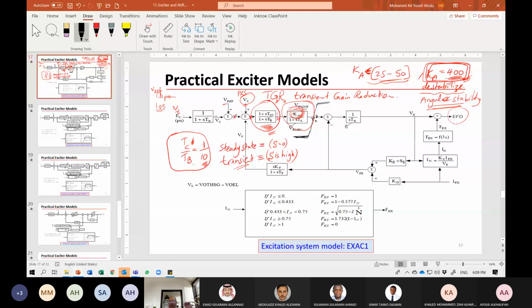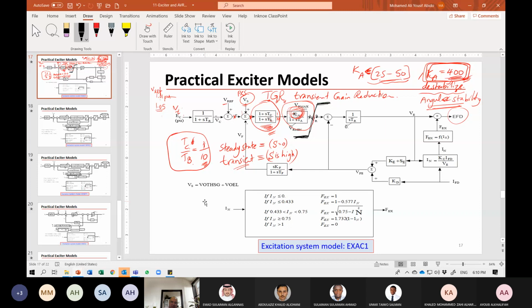If we have a transient, if we have any disturbance in the system, this gain will be less. So you are not hitting the voltage here, it will be less, and the gain here is less now by 10. So you are not affecting the VR max or VR minimum, and you reduce the voltage output here. Am I right?